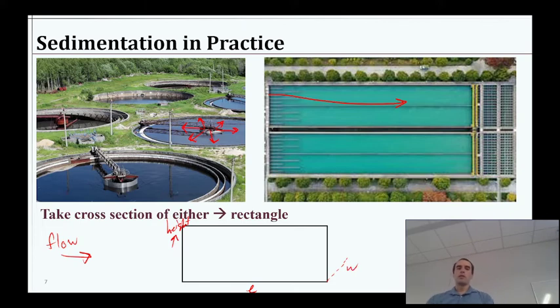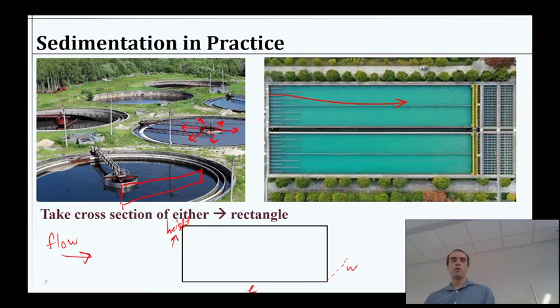This would be the rectangular one, but it turns out we can also draw a cross section at some radius in the circular system, and that would give us a similar rectangle if I could draw properly. We could get a rectangle there too, just based on the flow from the midpoint to the edge, right?